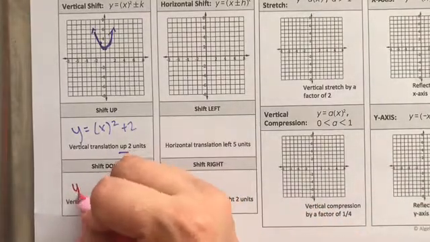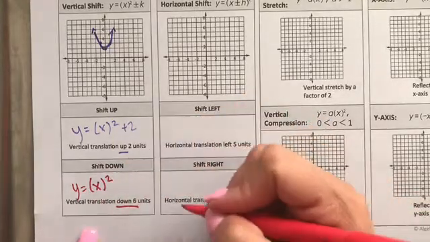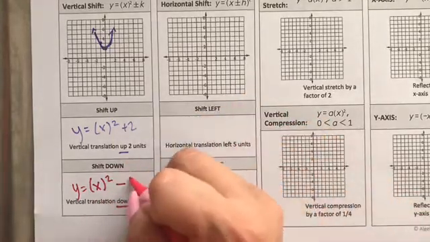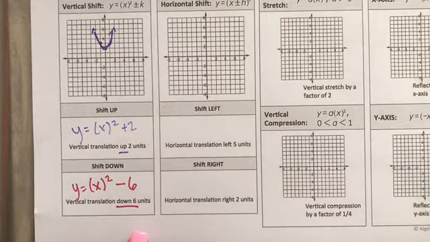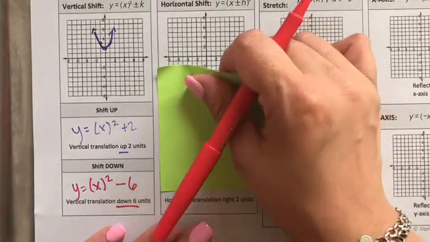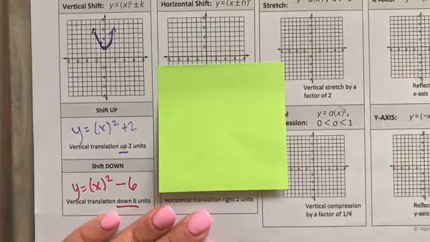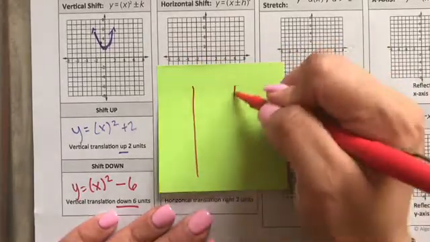So I'm going to say y equals x squared minus 6. Let's go ahead and make a table so that we can graph.